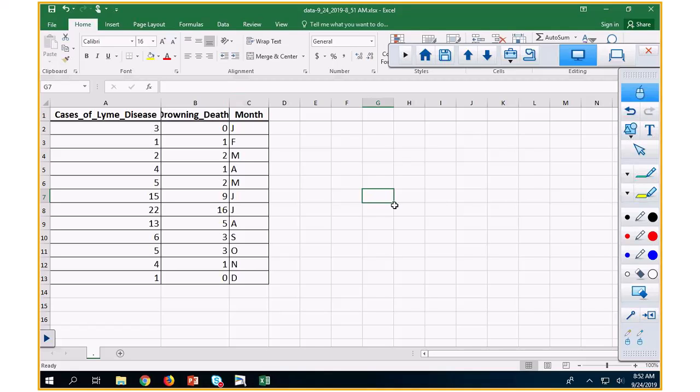And then I want you to graph the cases of Lyme disease and drowning, find the R factor, and find the equation of the best fit. That's all I care about, because I've already established that there is a causality between drowning and cases of Lyme disease, and that's summer being outside. Well, that's another question for later.